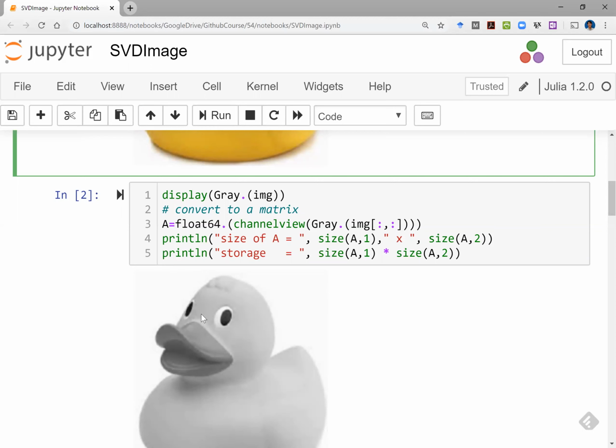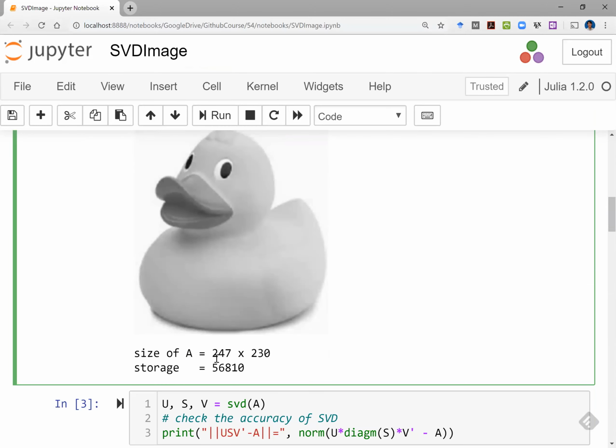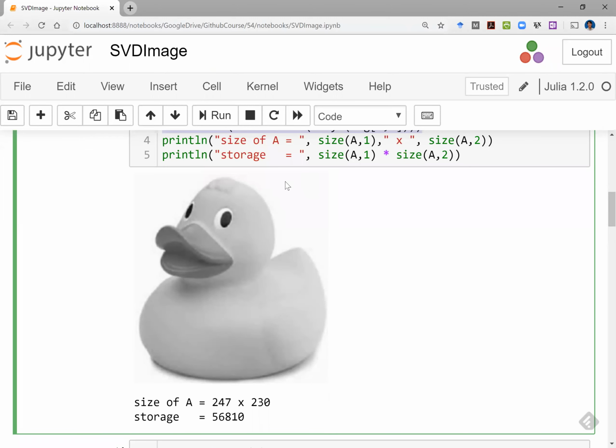It can be characterized by a number from 0 to 255, or from 0 to 1, however you scale it. Then I convert this to a matrix. This matrix has 247 rows, 230 columns, and I just multiply them, and this is the storage cost. It's very intuitive, right? Now, what I want to do is to see whether I can find a compressed representation of this thing.